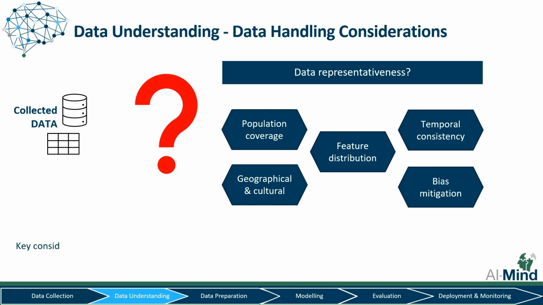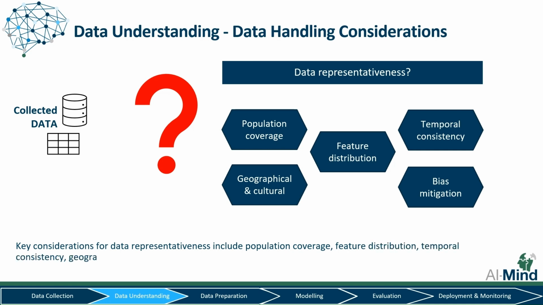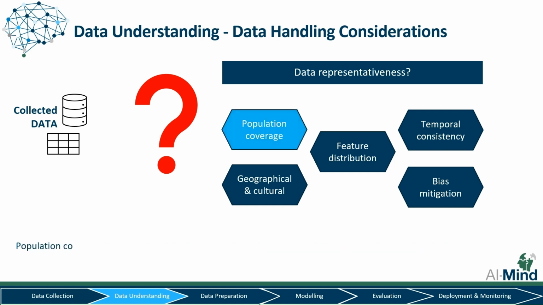Key considerations for data representativeness include population coverage, feature distribution, temporal consistency, geographical and cultural representativeness, and bias mitigation. Population coverage means that the dataset should cover a diverse range of instances from the target population.